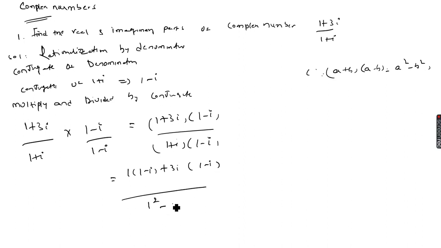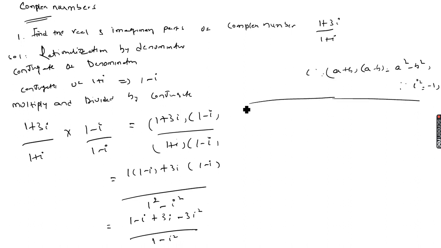by 1 square minus i square, and this is equal to 1 minus i plus 3i minus 3i square by 1 minus i square. So we substitute that i square is equal to minus 1. Therefore this is 1 minus i plus 3i minus 3 into minus 1 by 1 minus of minus 1.